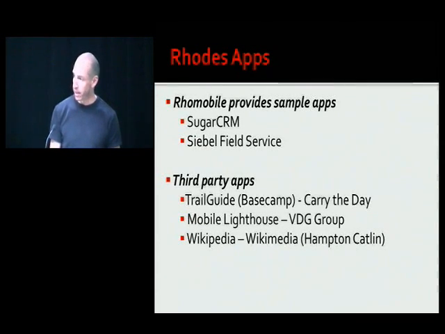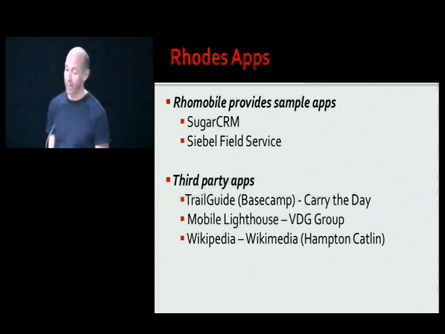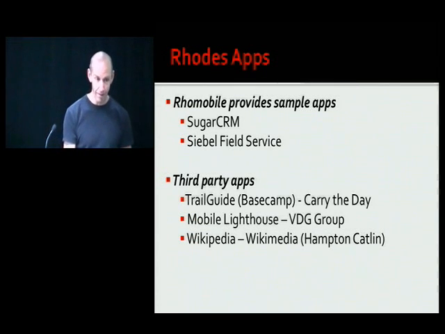It was one of the top-selling apps in the App Store, and then Wikipedia basically bought him and his app and said, but we want it to be free. So then he rewrote the whole thing for the iPhone, and then he read about our stuff in Ruby Inside and said, oh, I'm going to throw that away, which he did. He actually pulled it off of GitHub, and he rewrote it in Rhodes, and now it runs on all devices.